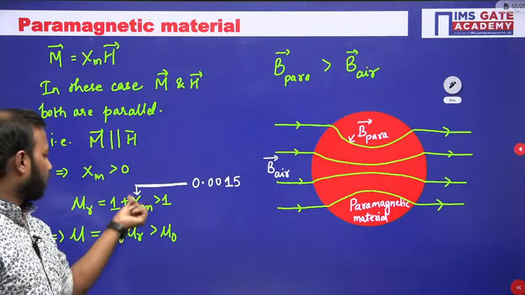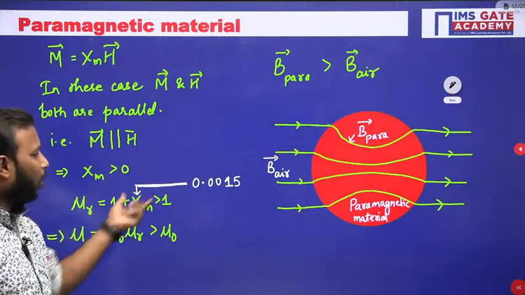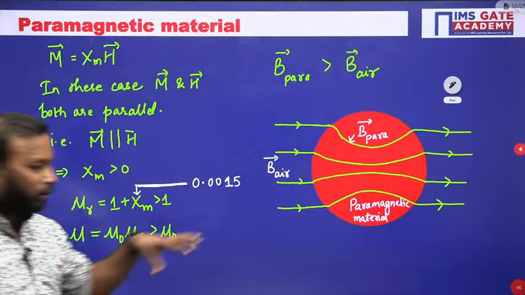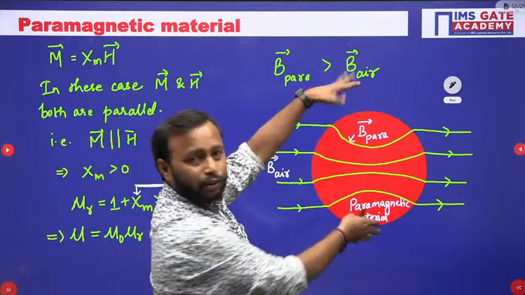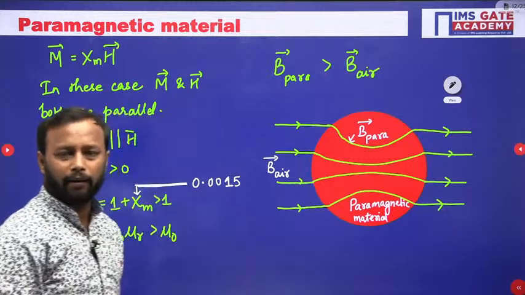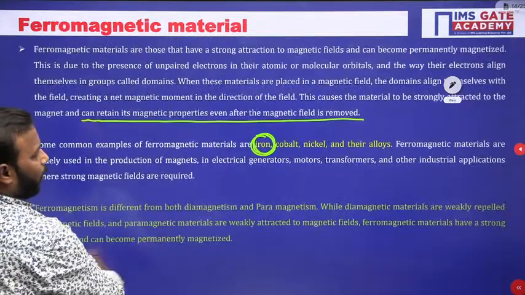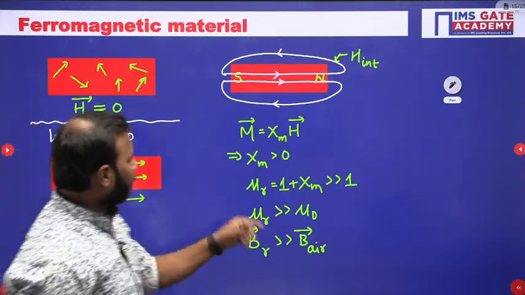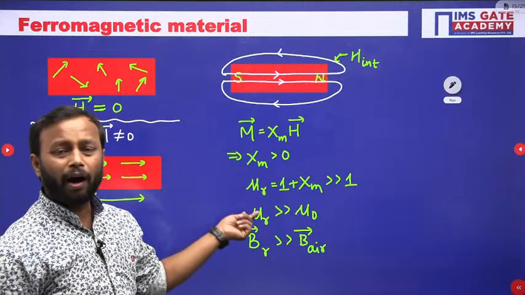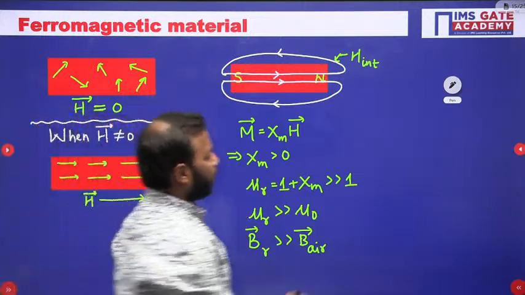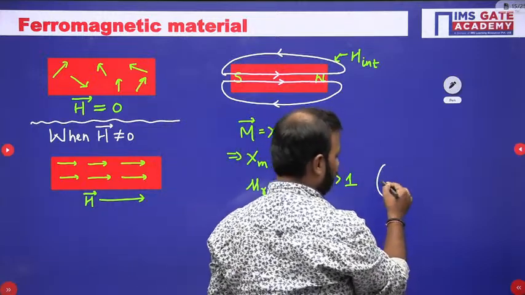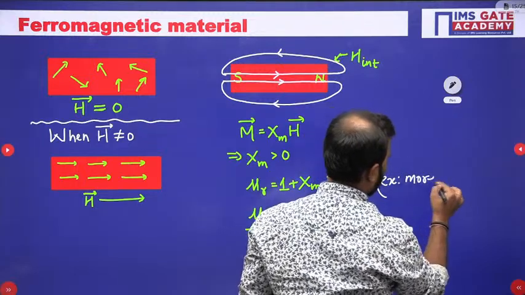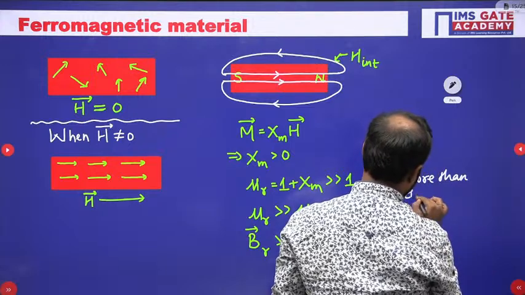So this makes mu r greater than 1, but if you see, this is nearly equal to 1. So this is the reason why I have not shown the lines to be densely packed or closely packed. Whereas the mu r of the ferromagnetic material is nearly equal to more than thousands.